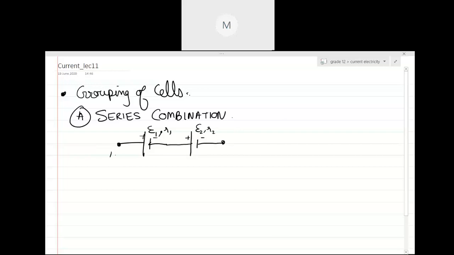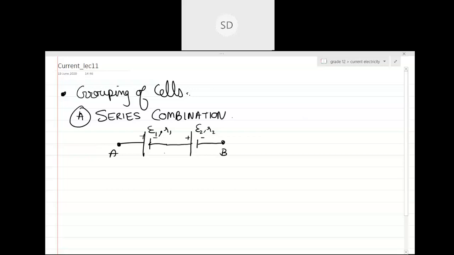So basically, I have connected two real cells. I want to find out what is the equivalent resistance and what is the equivalent EMF. Basically I want to combine these two cells to give a single cell.